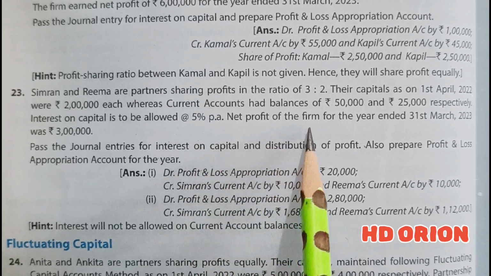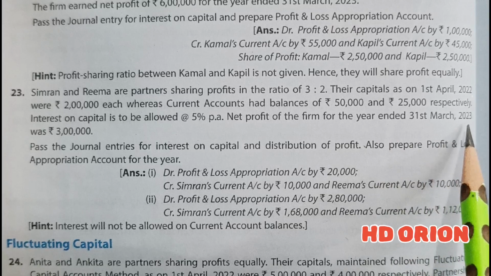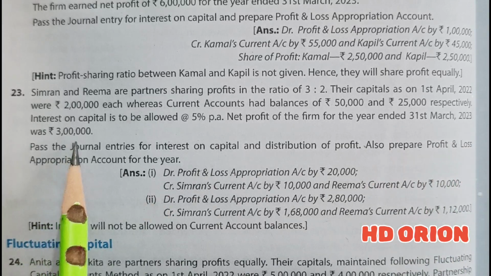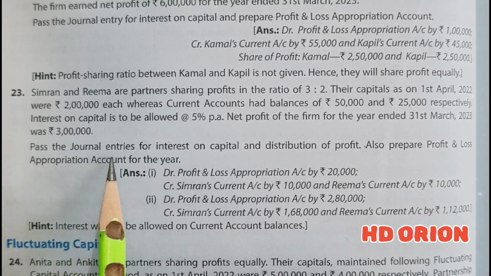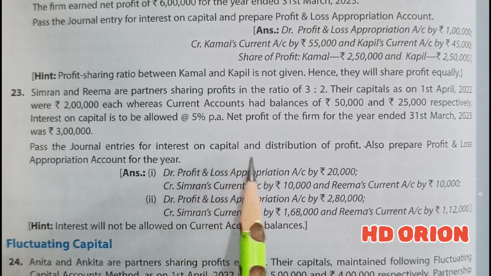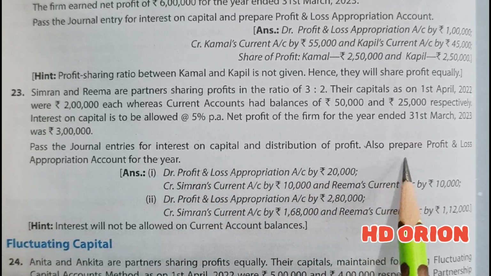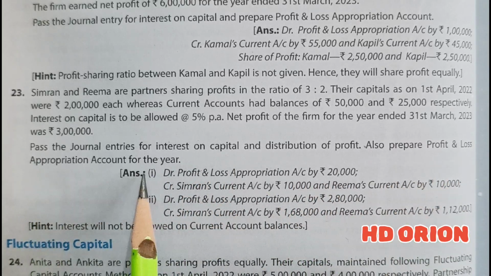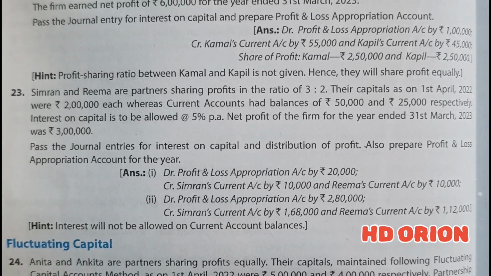Net profit of the firm for the year ended 31st March 2023 was rupees 3 lakh. Pass the journal entries for interest on capital and distribution of profit. Also prepare profit and loss appropriation account for the year. So this question is same as question number 22 and calculations are simpler than the previous question. Let us see the solution.